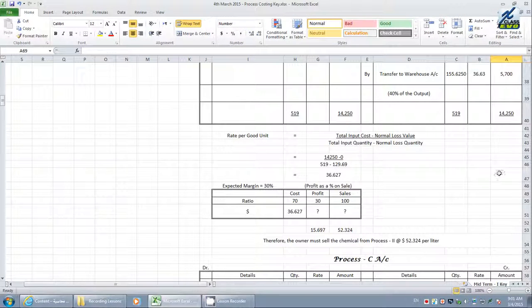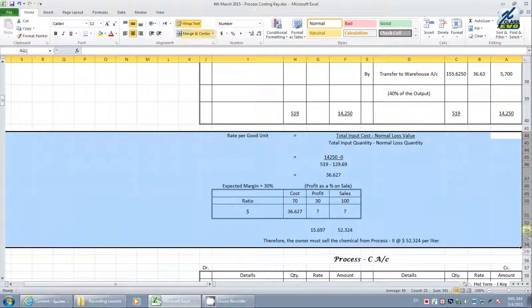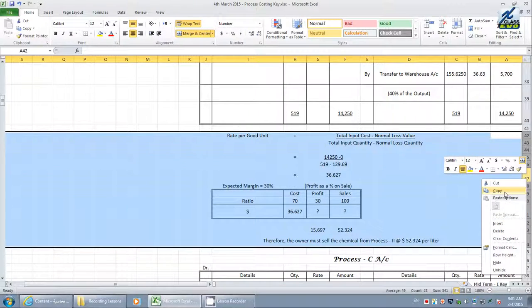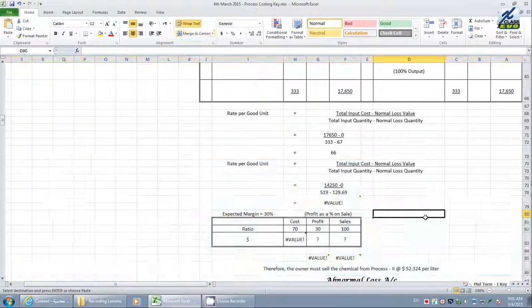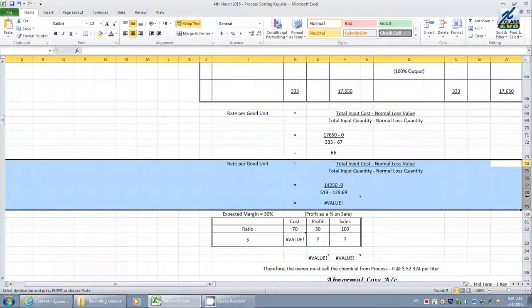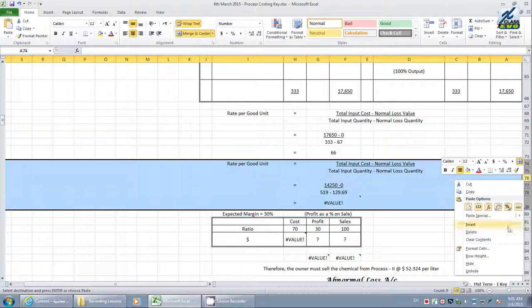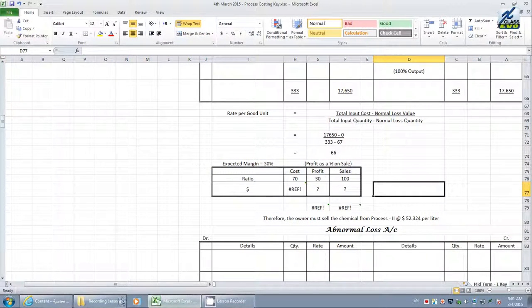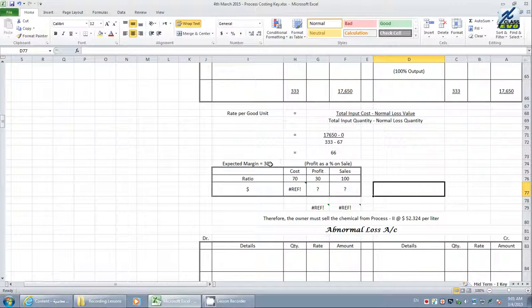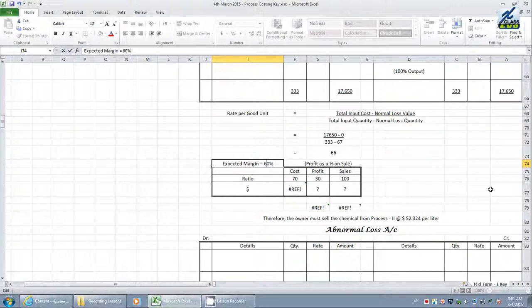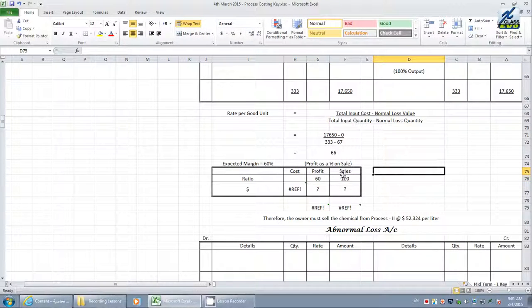Let's see how much he has to sell. These things are already done, so I no need to worry. The question speaks about how much he wants to earn as a margin of 60%. Oh God, earlier he wanted only 30%, now he wants 60%. How to take the ratio? He wants profit of 60 and sales of 100, therefore your cost must be 40.